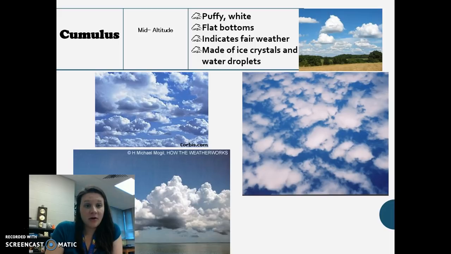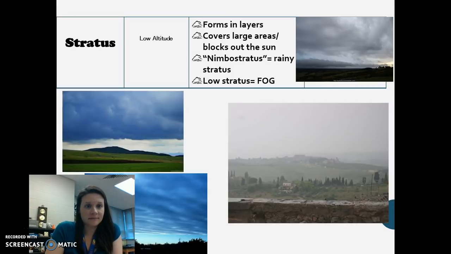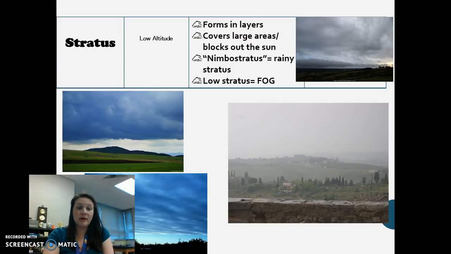The third cloud we're going to talk about is the stratus cloud. Stratus clouds are the lowest in altitude. They form in layers, and they tend to cover over a very large area.